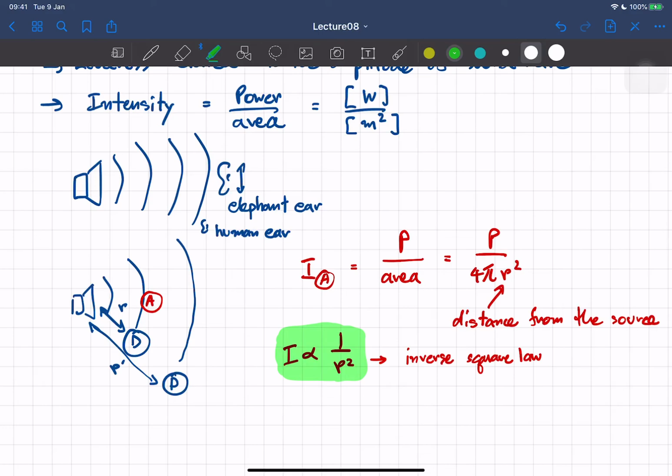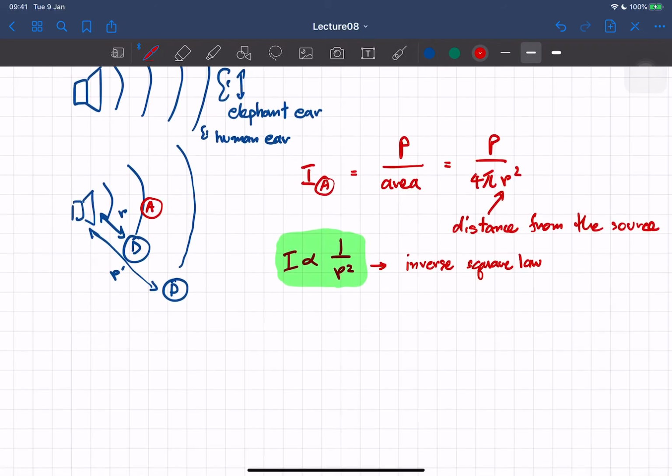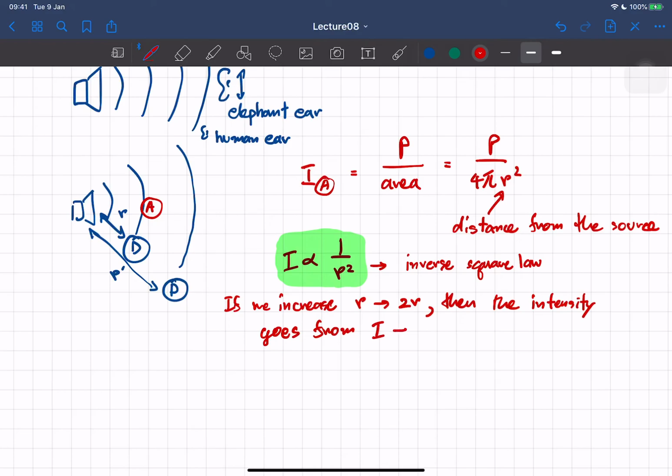So that means if we increase our distance away from the source, from the speaker, from r to 2r, then the intensity decreases from I, the initial intensity, to I over 4.